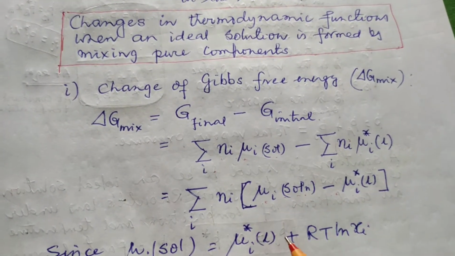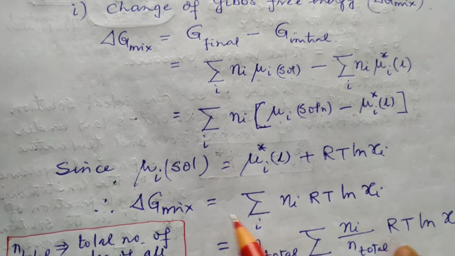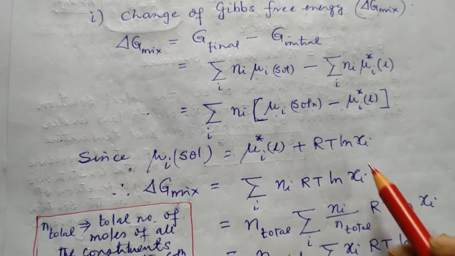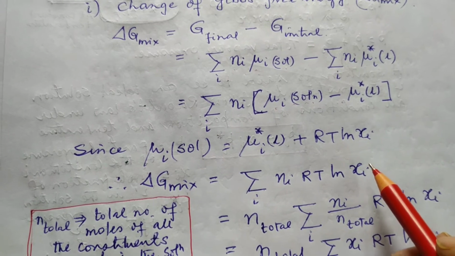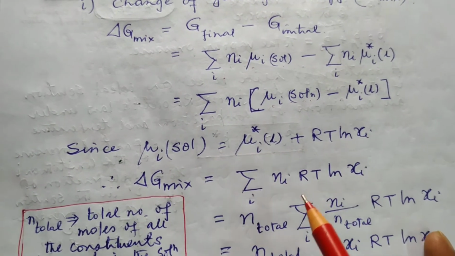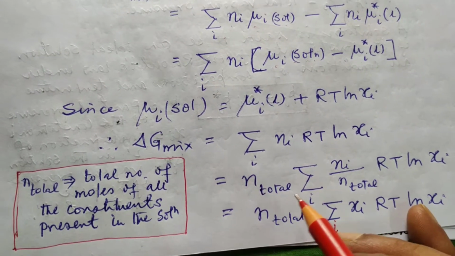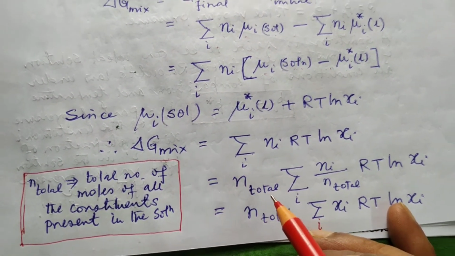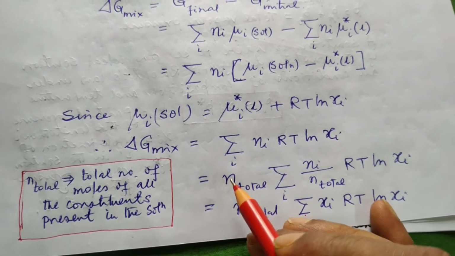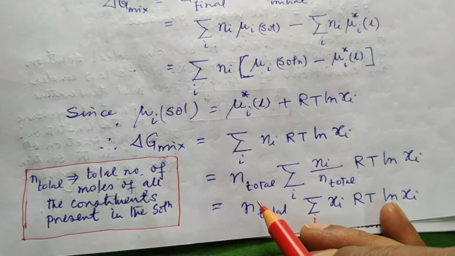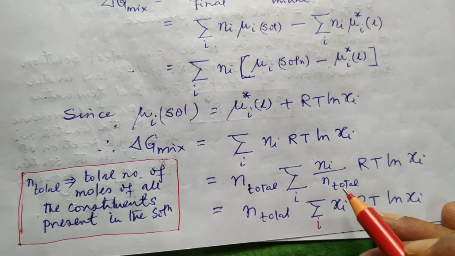So we get delta G mix equals sigma over i of Ni RT ln Xi. Now, if N total is the total number of moles of all the constituents present in the solution, we will multiply this by N total and divide by N total also.